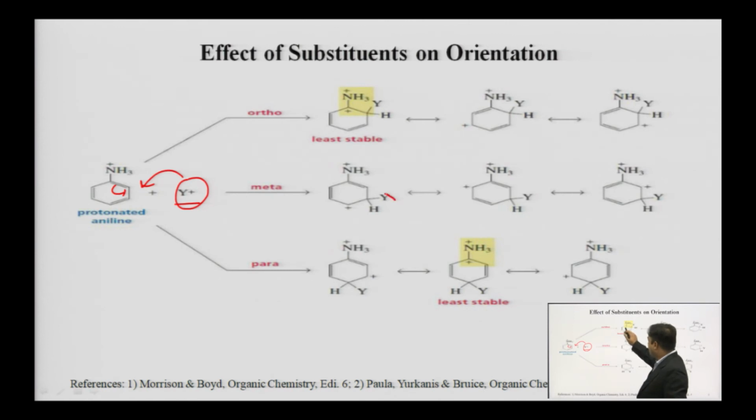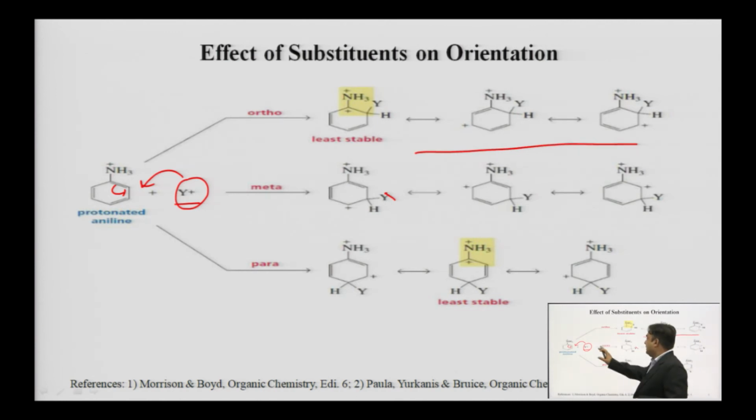The positive charge will be induced on the carbon which is directly attached to the nitrogen. Now, this resultant carbocation will show resonance, meaning the positive charge developed by the attack of the electrophile is delocalized all along the benzene ring, and because of that delocalization we get 3 resonating structures.